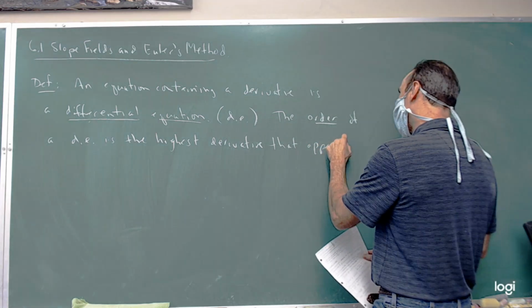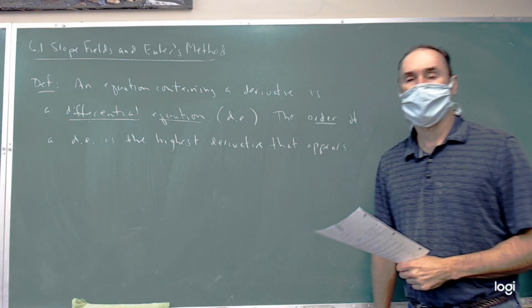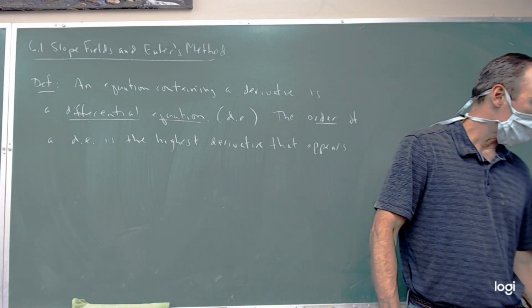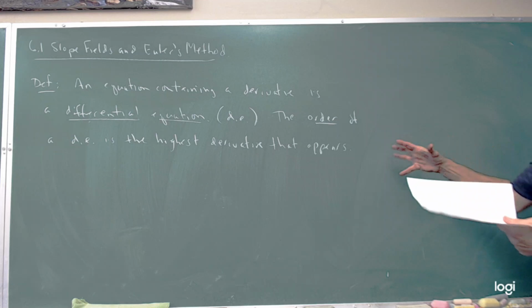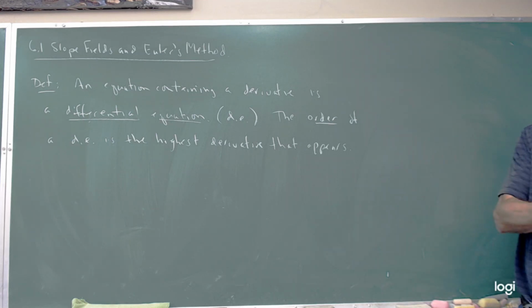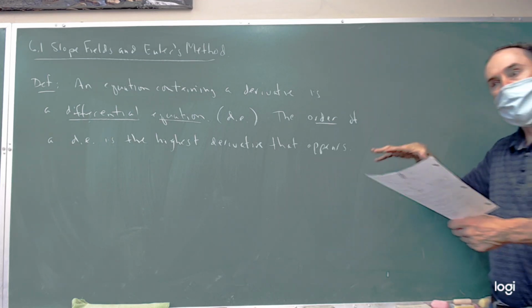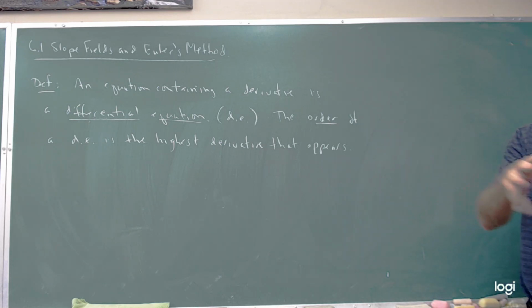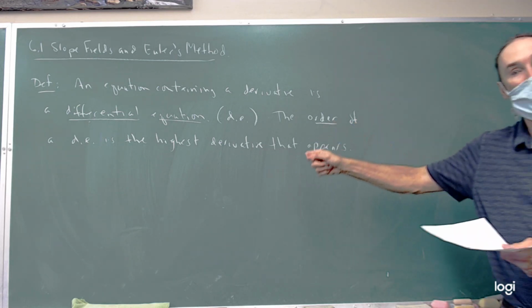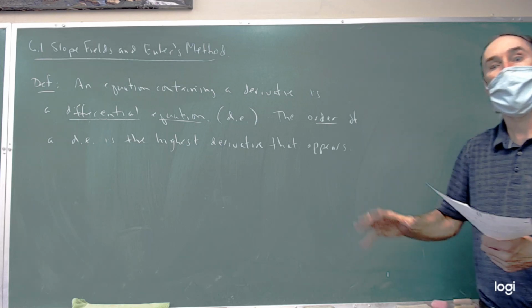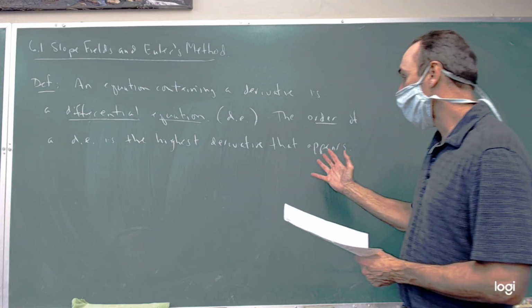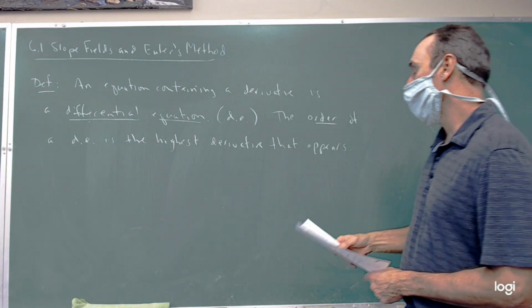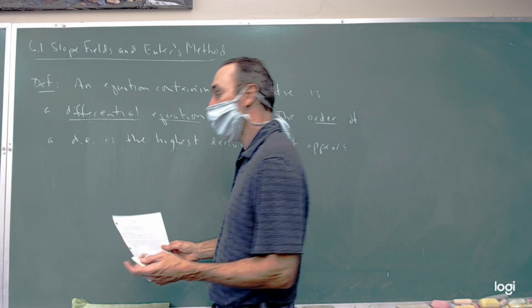There are several different ways of classifying differential equations, and if you ever take an undergraduate differential equations class, you try to classify the differential equations, and each class of differential equations has a different strategy for how you solve that kind of differential equation. So one way of classifying them is by the order, the derivative.